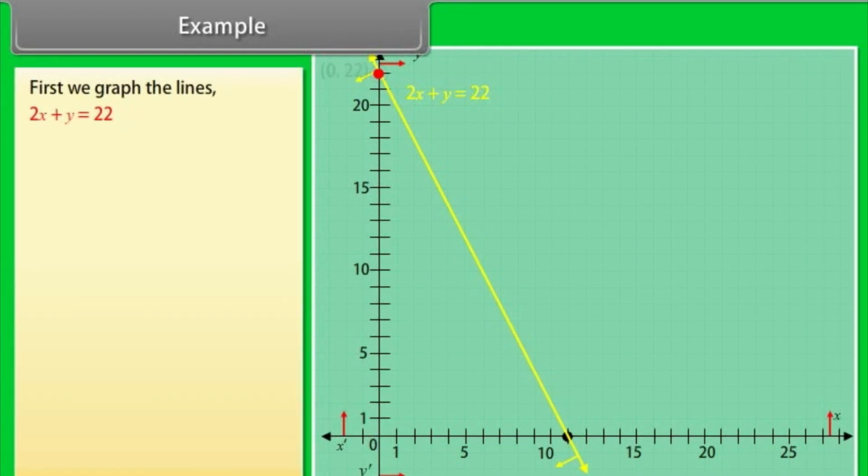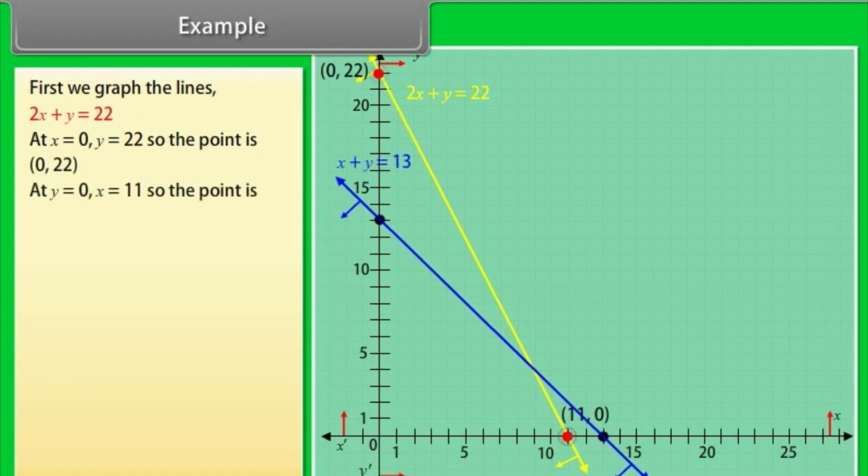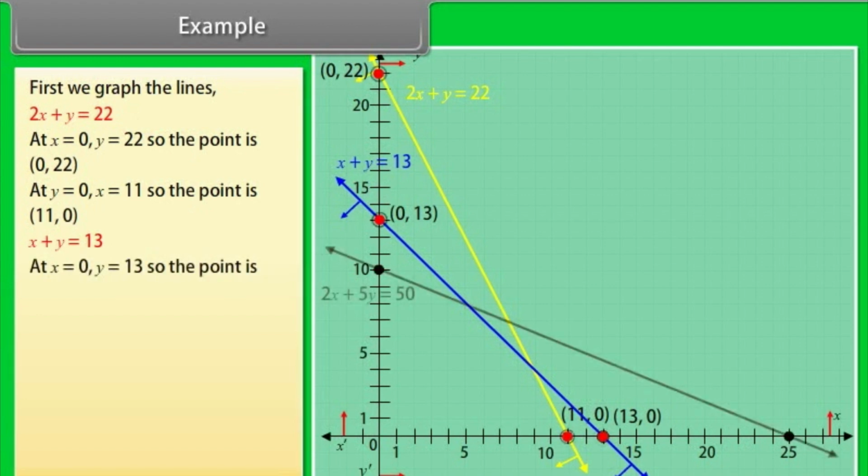2x plus y is equal to 22. At x is equal to 0, y is equal to 22. So, the point is 0, 22. At y is equal to 0, x is equal to 11. So, that point is 11, 0. X plus y is equal to 13. At x is equal to 0, y is equal to 13. So, the point is 0, 13.